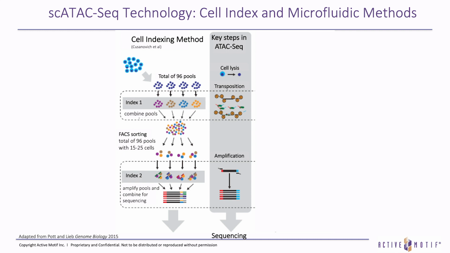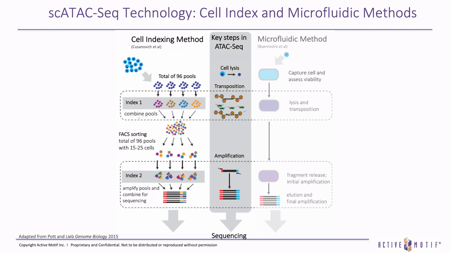Each well will then correspond to a pool. This is all done with FACS sorting. After this is accomplished, PCR is used to finish the sequencing adapter, much like the standard ATAC-Seq, and introduce a barcode or index to allow for multiplexing for next generation sequencing.